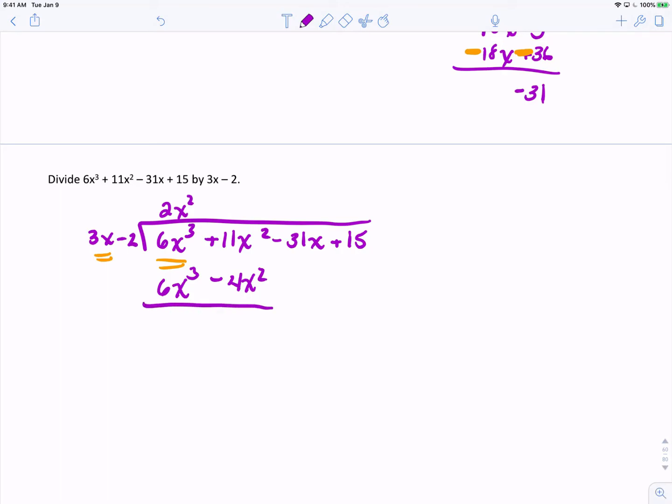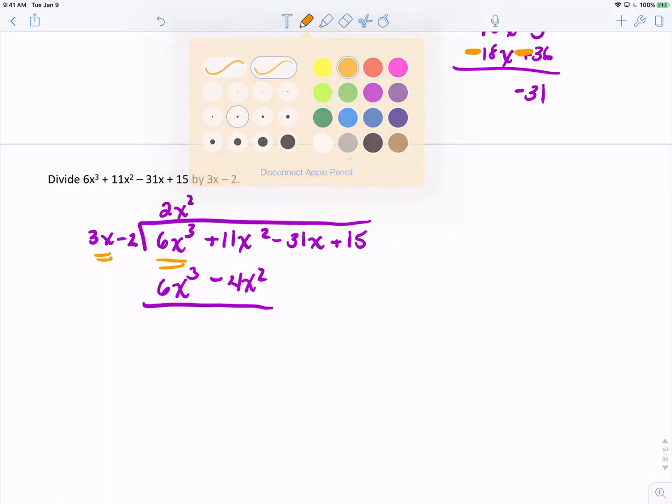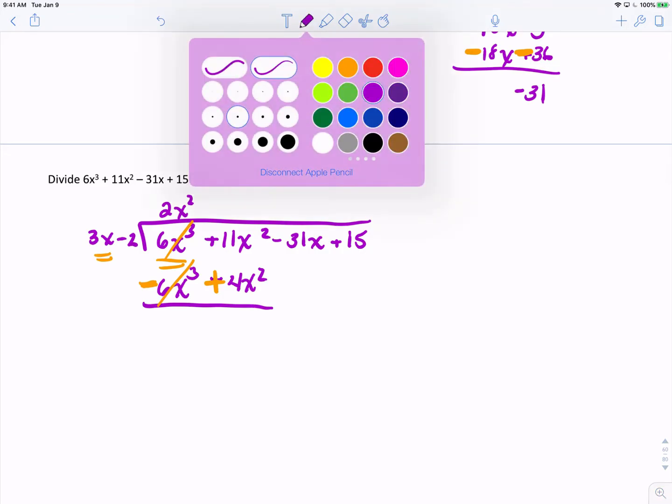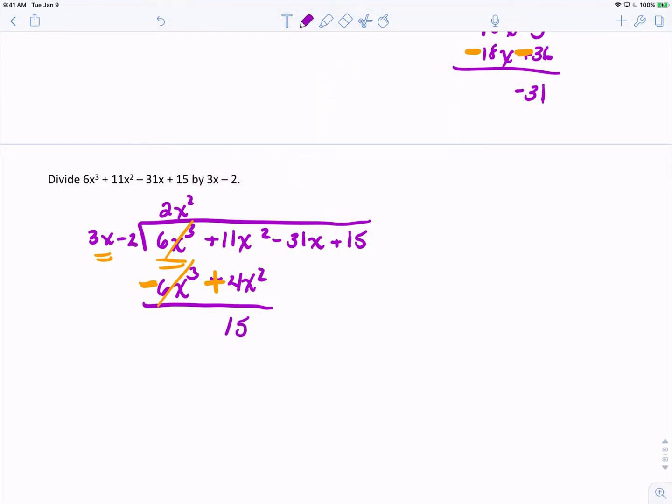I want to subtract. Subtract means change the sign and add. If we combine these together, this gives us 0, and the next two terms give us 15x squared. And now we bring down the next term. What do we multiply 3x by to get 15x squared?